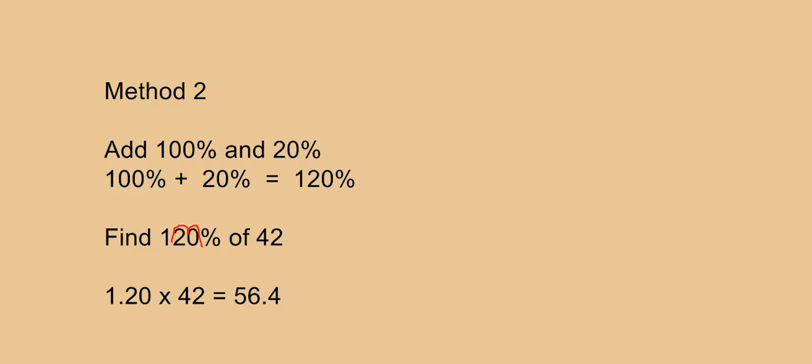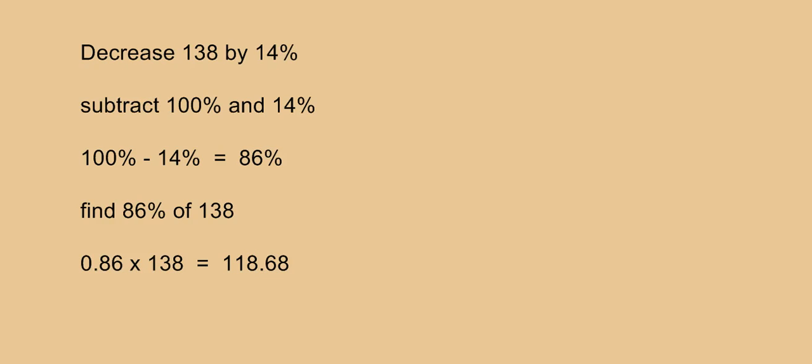Let's look at how it works with decreasing by a percentage. Imagine we've been asked to decrease 138 by 14%. So what we're going to do, and this part will probably be done in your head, is we're going to say, well, if we're decreasing 100% by 14%, that's 100 minus 14%. 100% minus 14% is 86%.